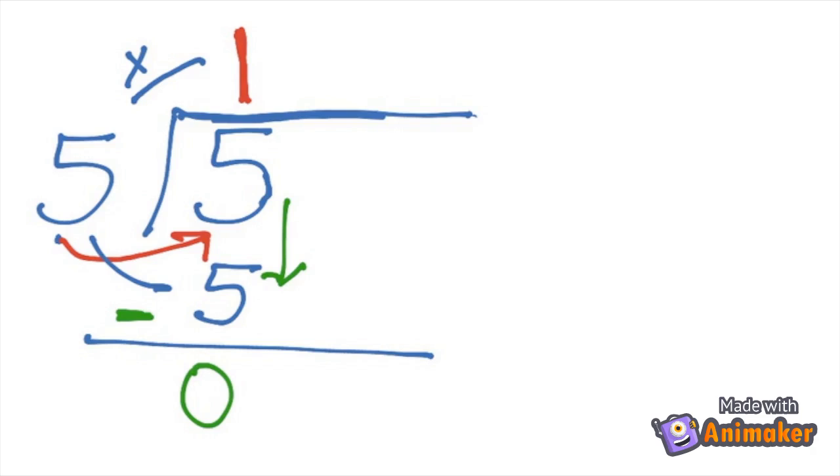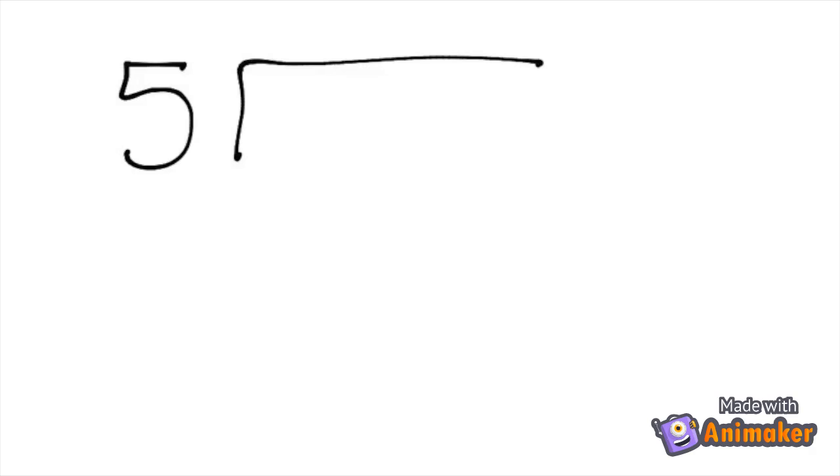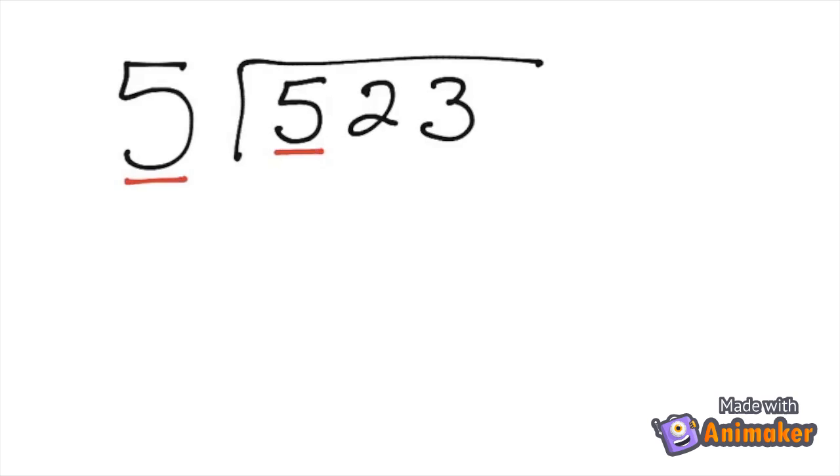So my answer, 5 divided by 5 equals 1. Let's try it again with the full number. I have 5 divided into 523. My first step is to take 5 and divide it into 5. Now I know 5 goes into 5 one complete time.